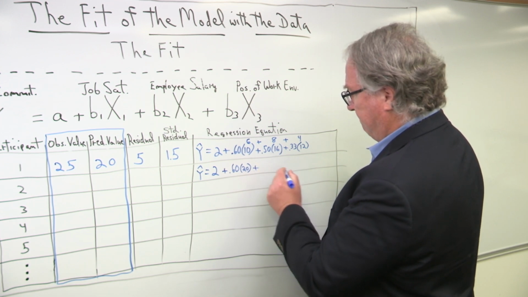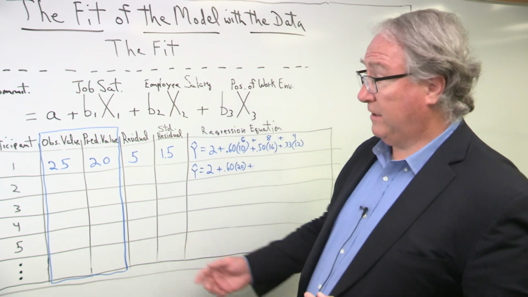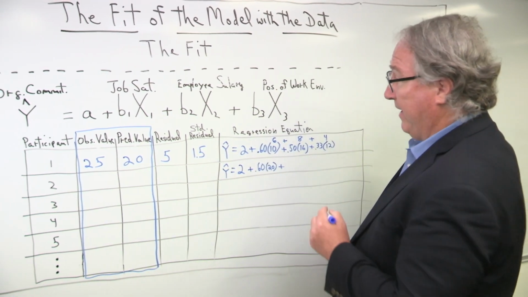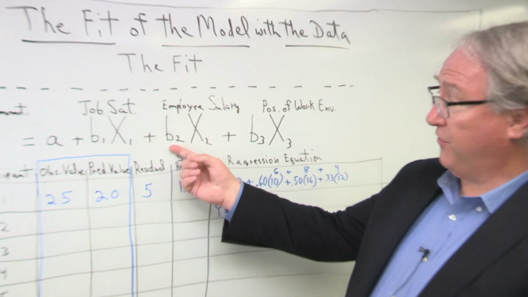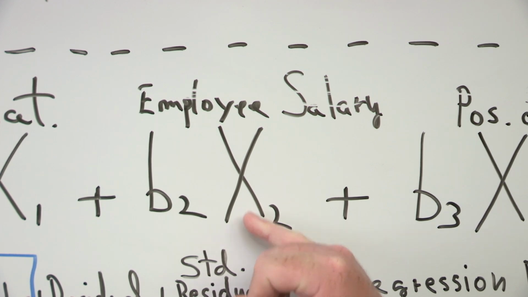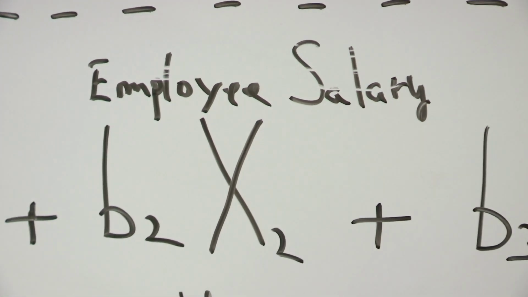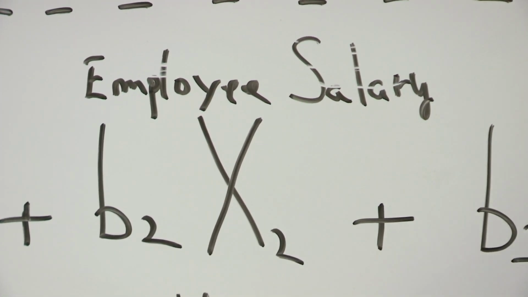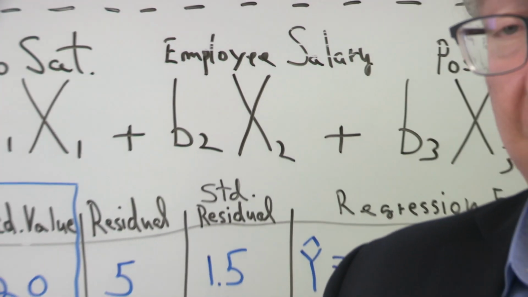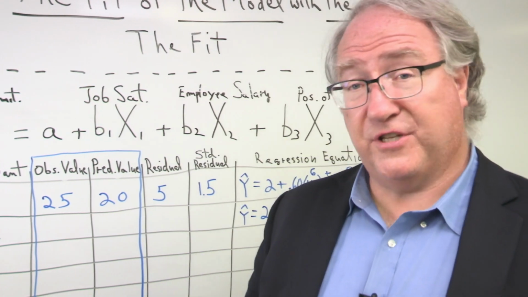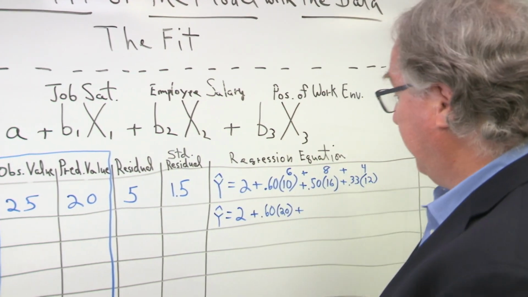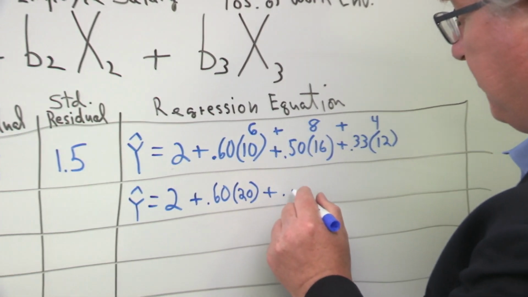Okay, plus, again, continuing with participant 2, we have the unstandardized regression coefficient value now for the second predictive variable in the model, employee salary, and that continues to be 0.50. Okay, these are fixed unstandardized regression coefficient values. So it continues to be 0.50, it doesn't change.